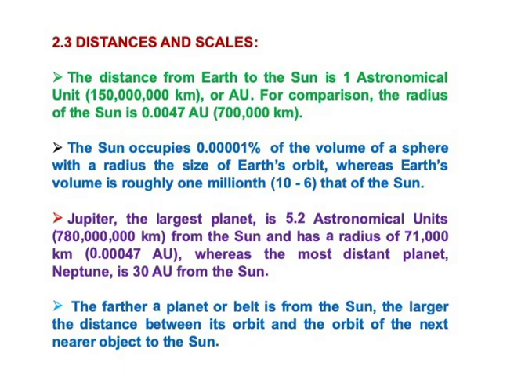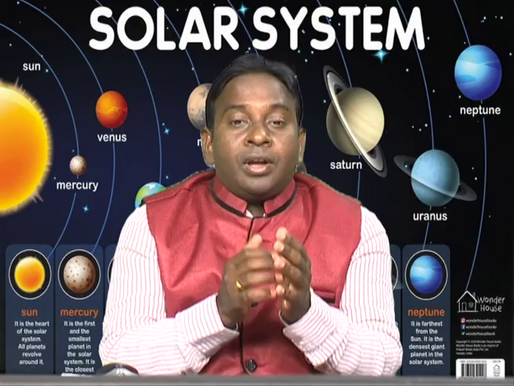The radius is also very important to us. The sun's radius is approximately 0.0047 astronomical units, approximately 7 lakh kilometers.